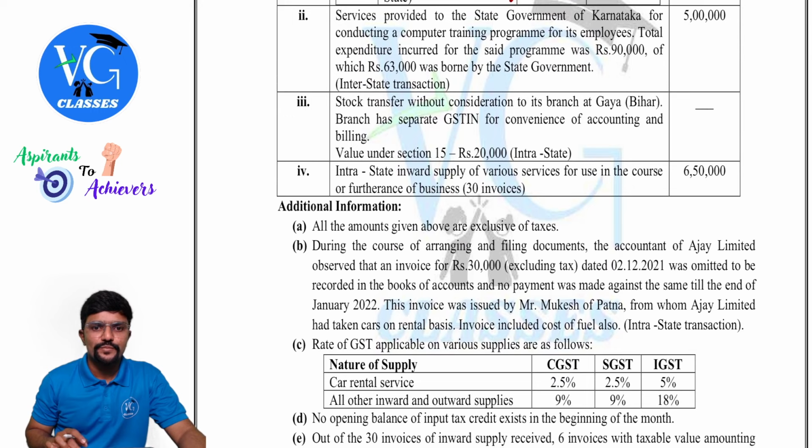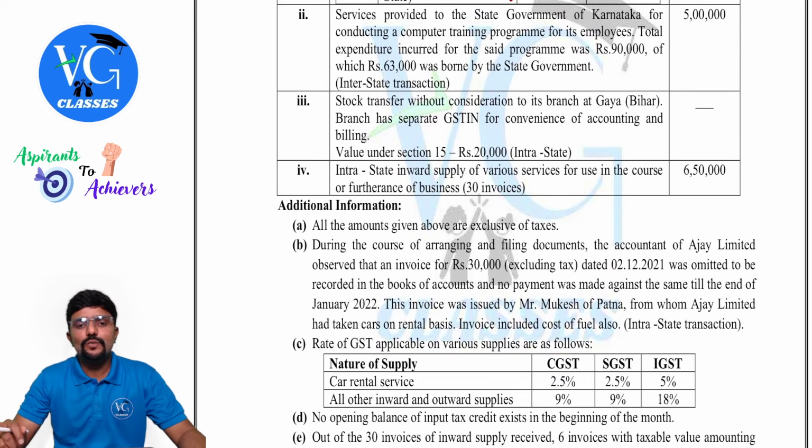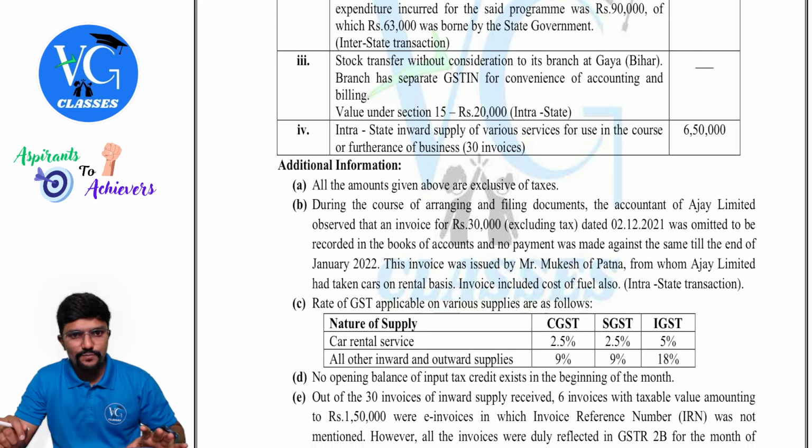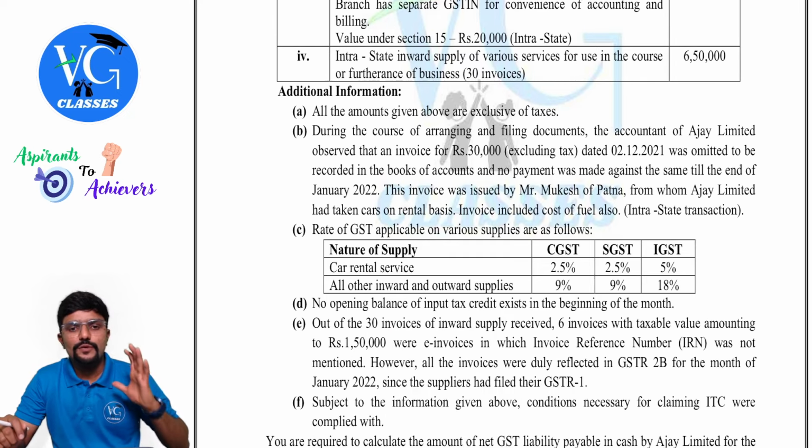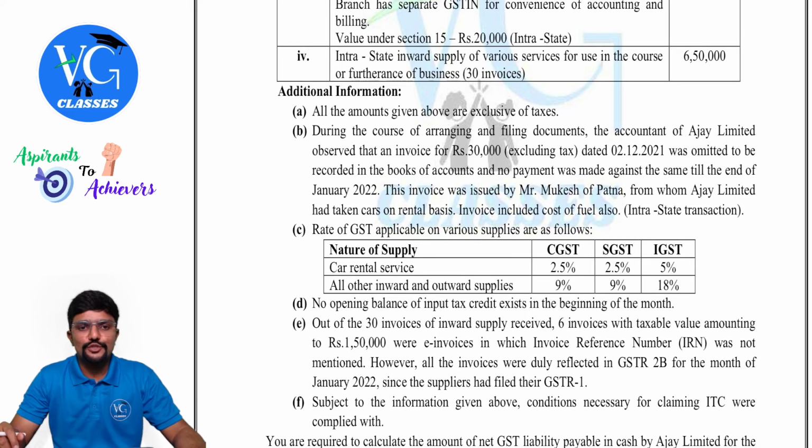Yes. Next, intrastate inward supply of various services for use in the course or furtherance of business, 30 invoices. Inward supply, guys, 6,50,000. Additional information, all the amounts given above are exclusive of taxes.